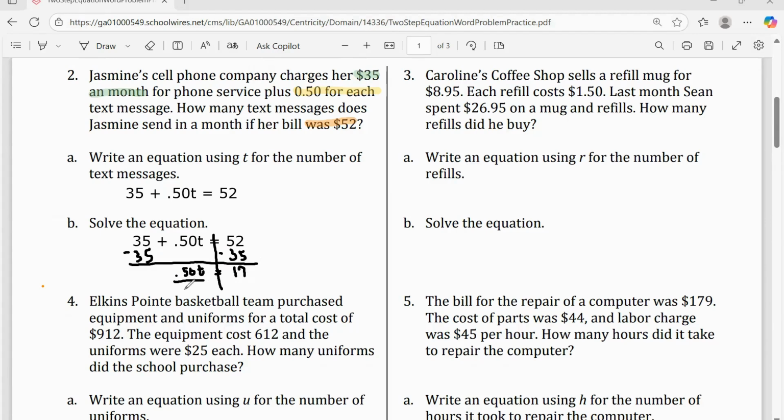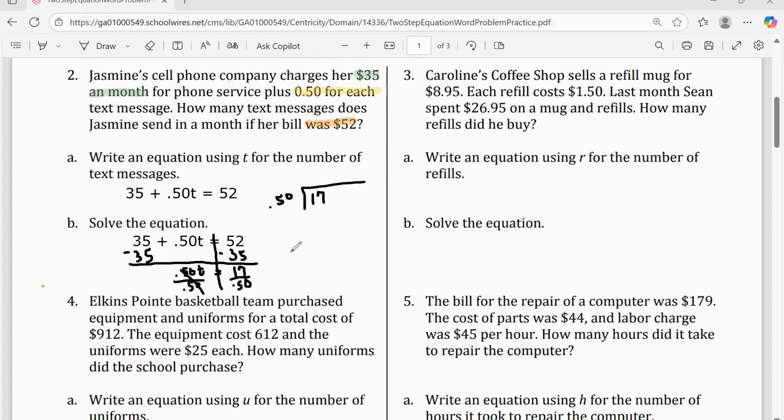Okay, I will have to divide both sides by 0.50 to isolate that variable by itself. All right, real quick, just in case you're not able to use a calculator, if we're doing 17 and we're dividing that by 0.50, give you a second to write that down.